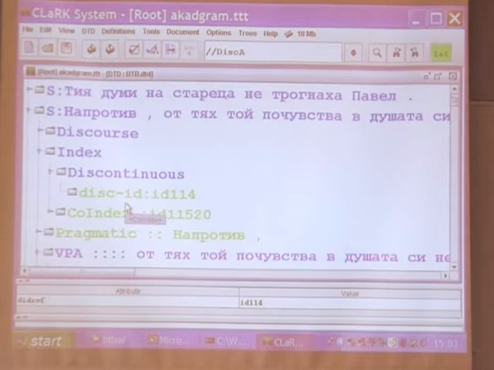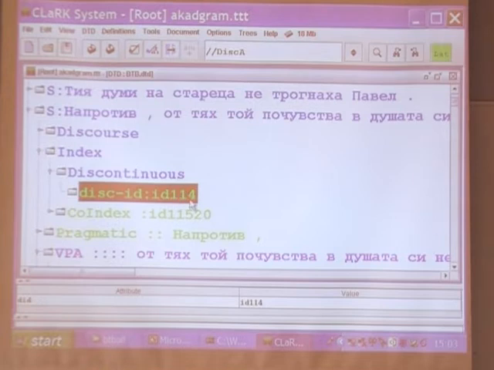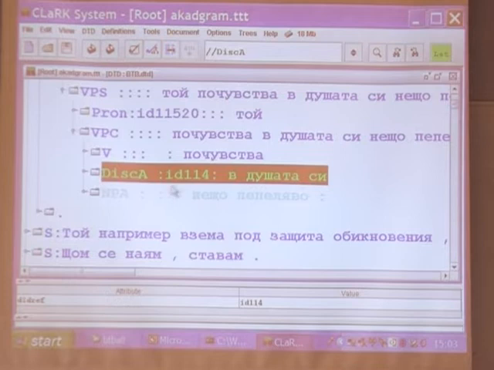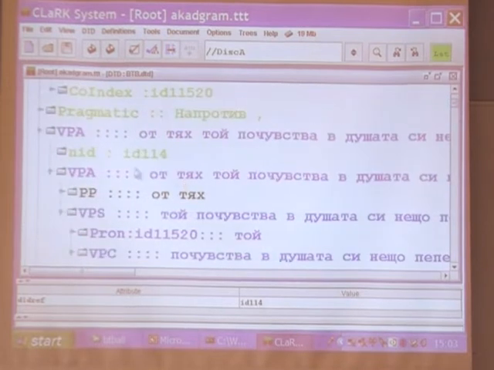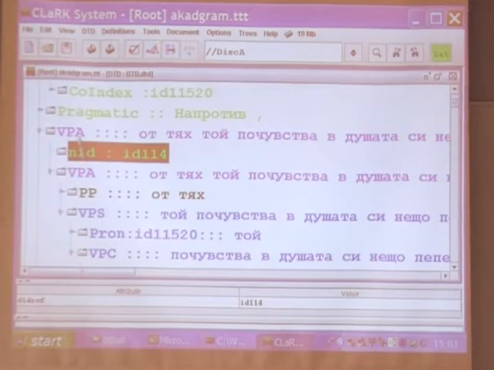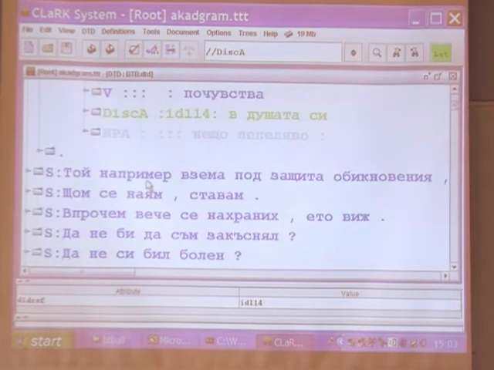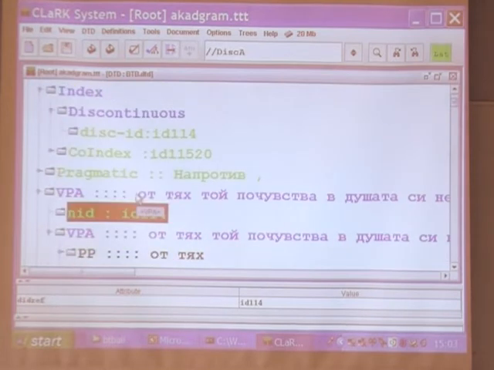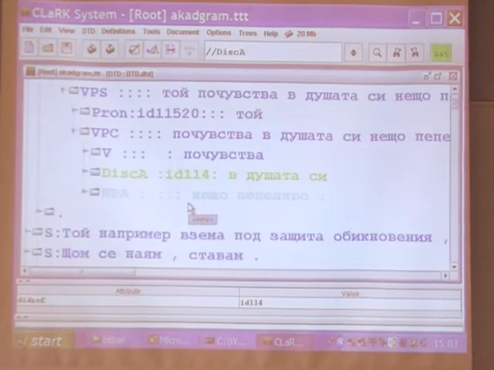And we manage it by establishing some kind of variable. So here we put some ID, and then this disc A has the ID, and we put this non-immediate dominance under the phrase where this should belong, on the grounds of constituency, of course.